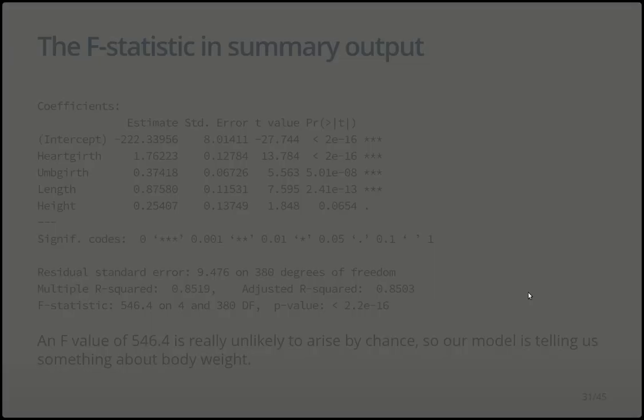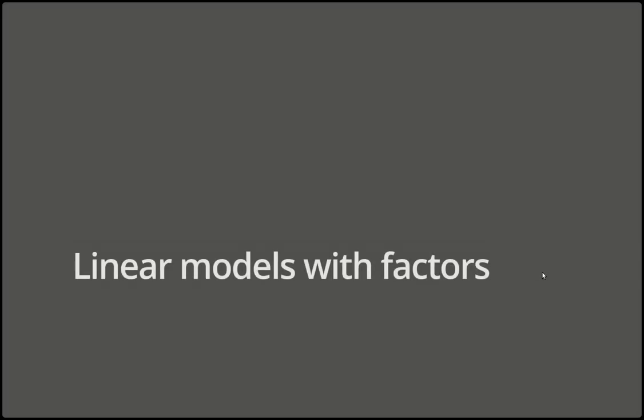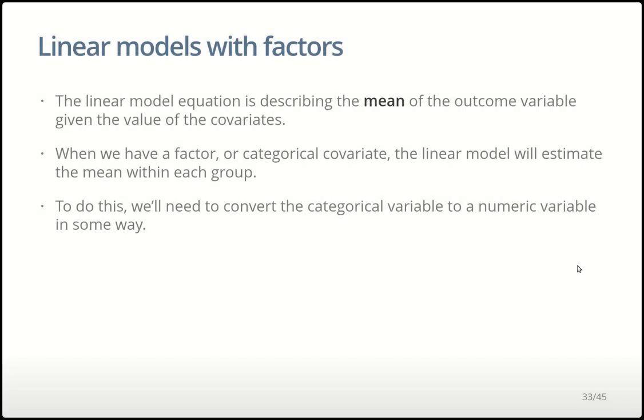But there we go. Now the advantage with the F test is that it now allows us to know how to test whether categorical variables are also important. Okay, so remember that the linear model equation is describing the average of the outcome variable given the value of the covariates, right?